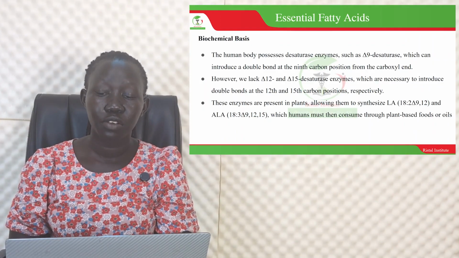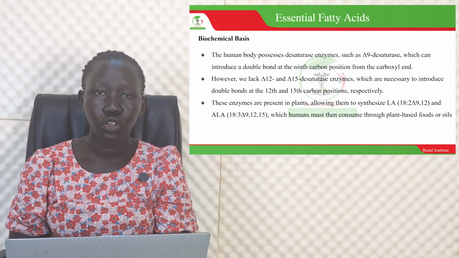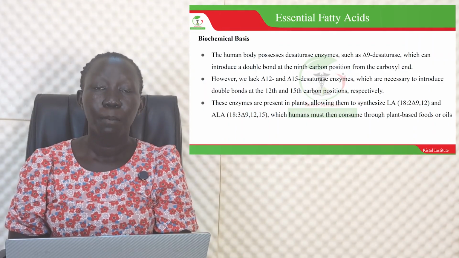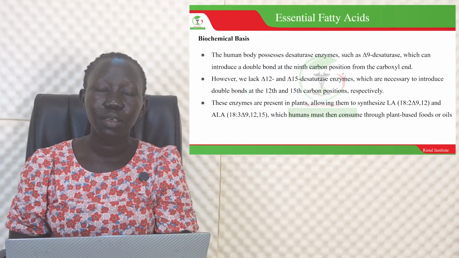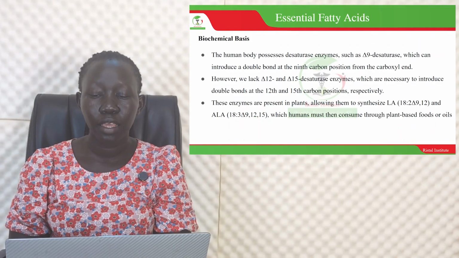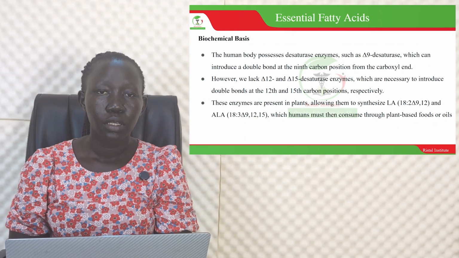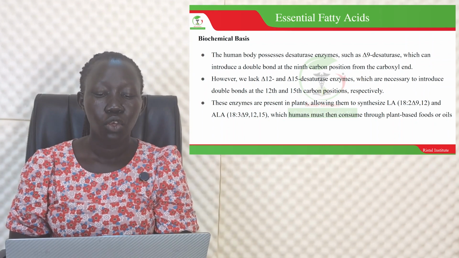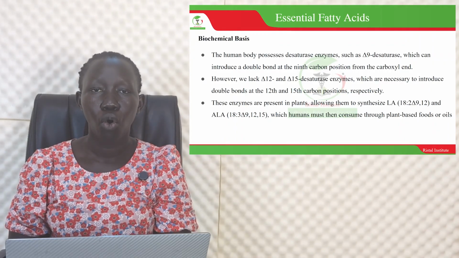These are enzymes necessary to introduce double bonds at the 12th and 15th carbon positions, respectively. But these enzymes are present in plants, and this allows the plants to synthesize LA, linoleic acid, and ALA, alpha-linolenic acid, which humans must then consume through plant-based foods or oils.